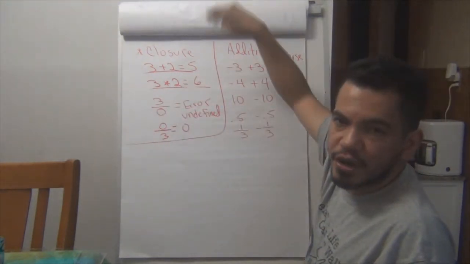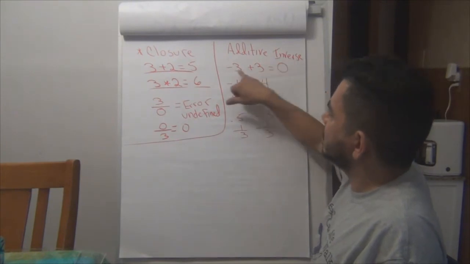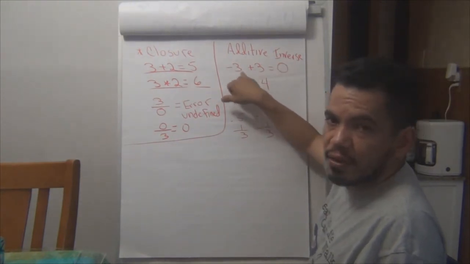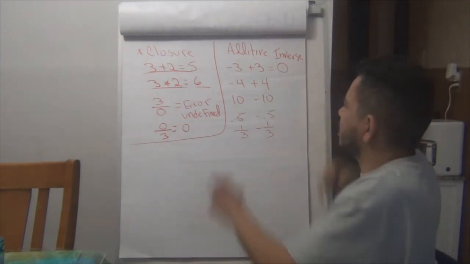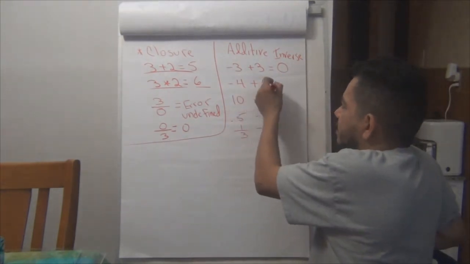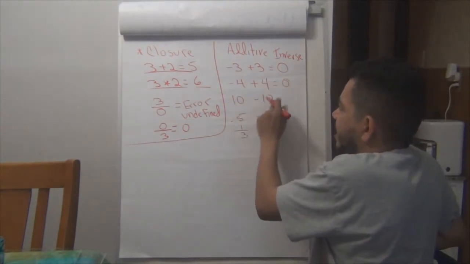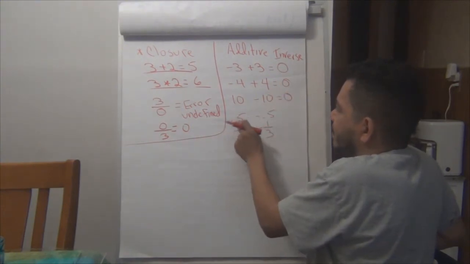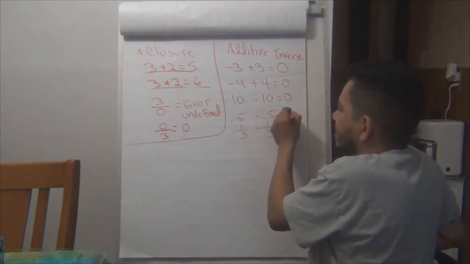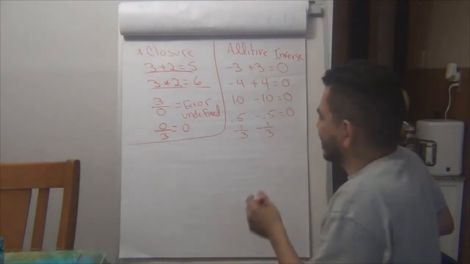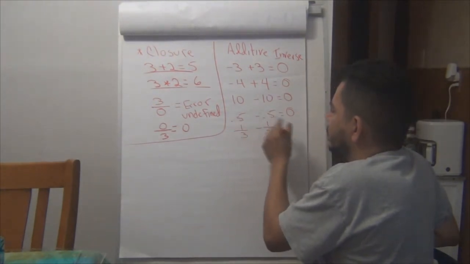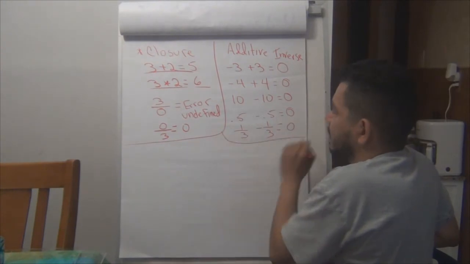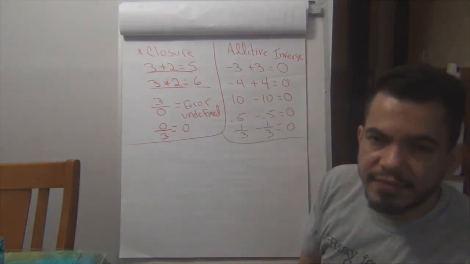When you use the additive inverse, the result that you will get is the identity element of addition. Look, -4 plus 4 is 0. 10 minus 10 is 0. 0.5 minus 0.5 is, yes, you got it. You're awesome. Not really, I'm awesome. Okay, 1/3 minus 1/3 is 0. So that's the additive inverse.